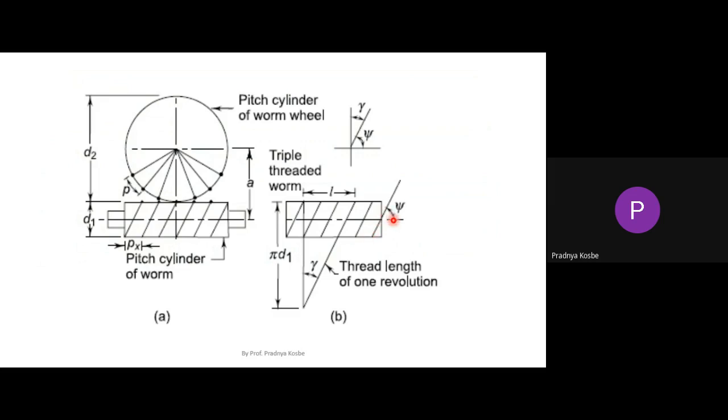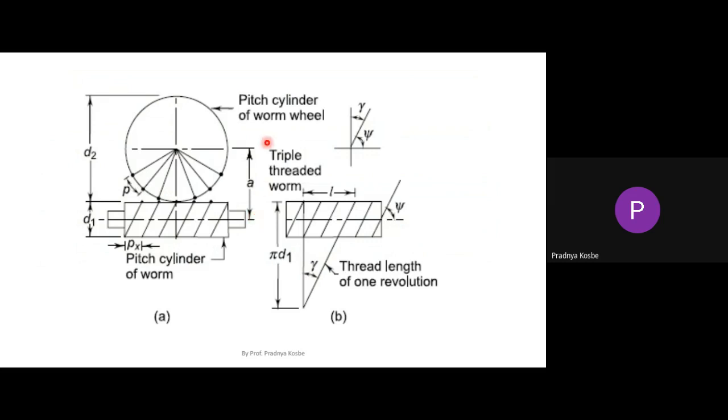So psi is the helix angle. Then gamma is the lead angle. Then this is the center line of the worm wheel and this is the center line of the worm. Then A is the center distance between worm and worm wheel.